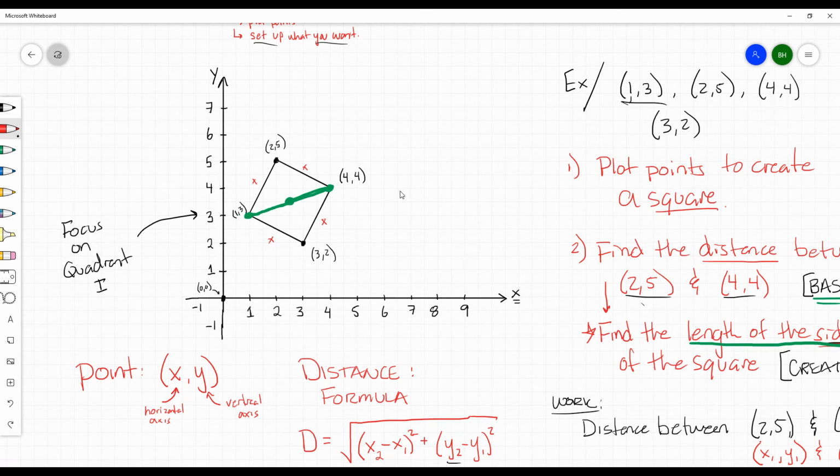And I'm going to take red and go over 2.5 spaces, and up 3.5 spaces. And we have verified it. Yes, this is the midpoint between those two. And we have discovered the midpoint of this line, the center of the square.